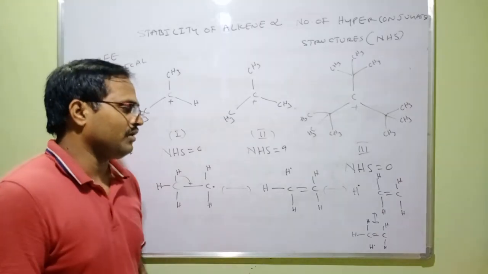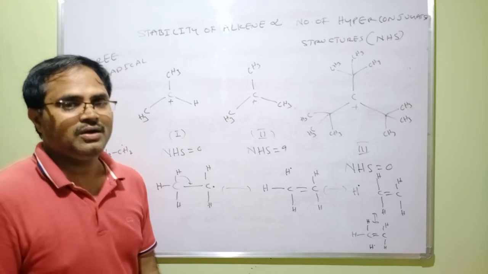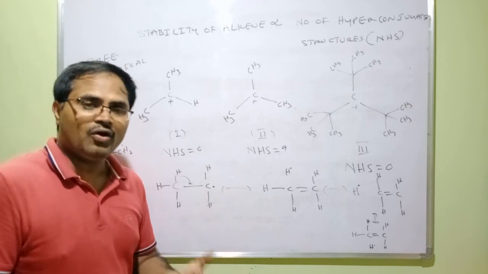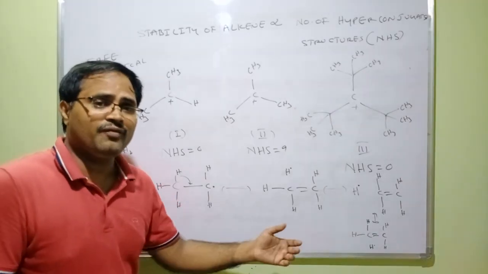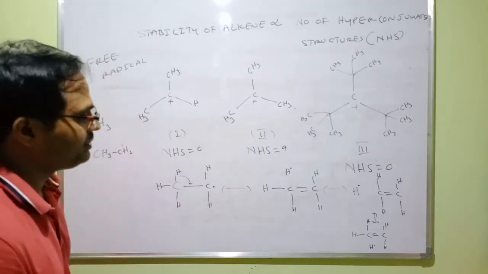The stability of radicals can also be explained using the same concept. As we explained the stability of carbocations and alkenes, in the same manner we can explain the stability of free radicals by using hyperconjugated structures.